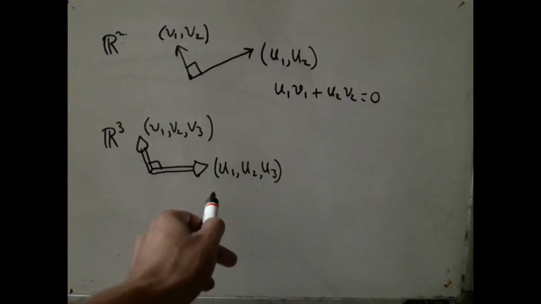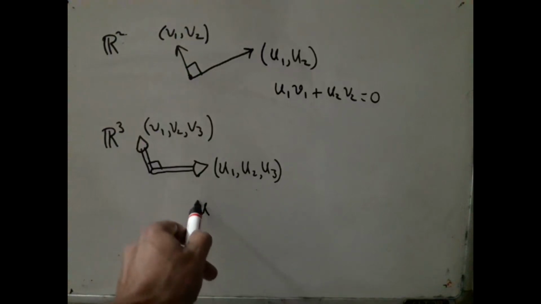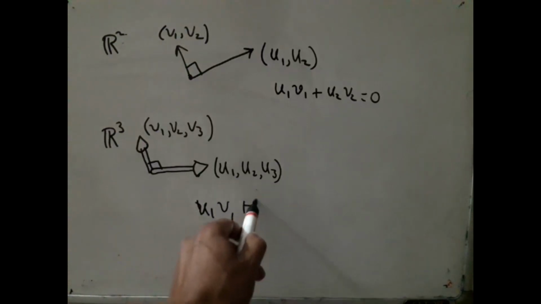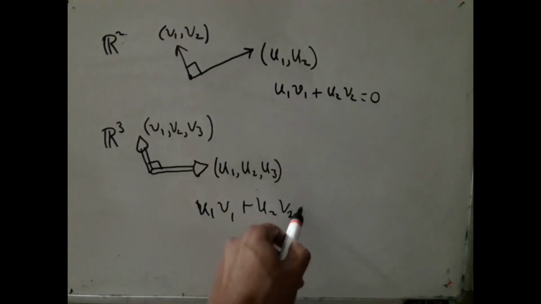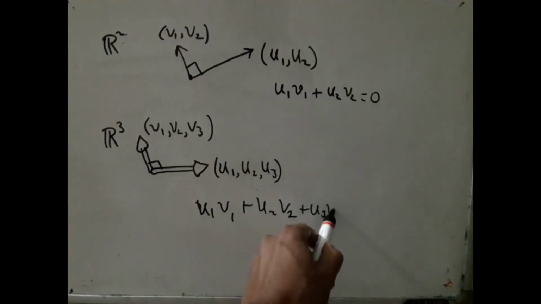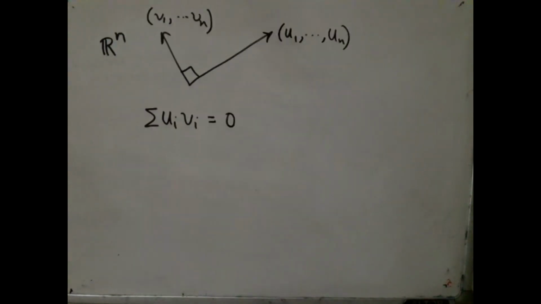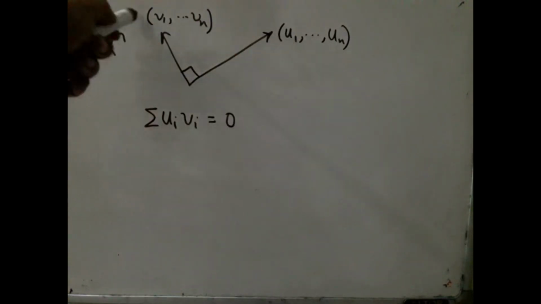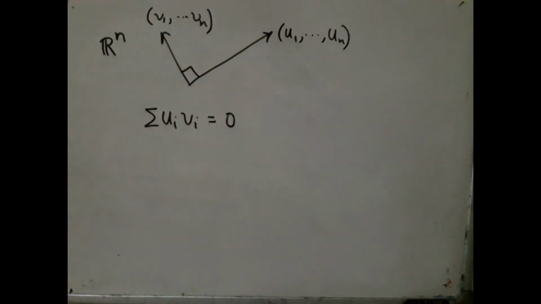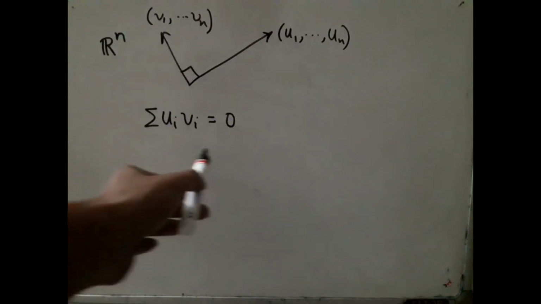Similarly, the condition here turns out to be u1 v1 plus u2 v2 plus u3 v3 equal to 0. From this, it is not very difficult to generalize it to arbitrary Rn. There, if we have two vectors u1 to un and v1 to vn, then we can say that they are mutually perpendicular if this condition holds.